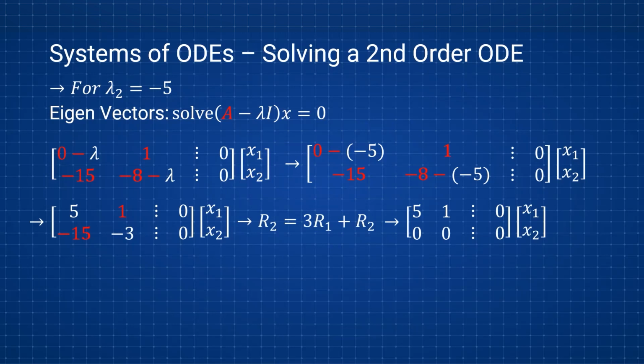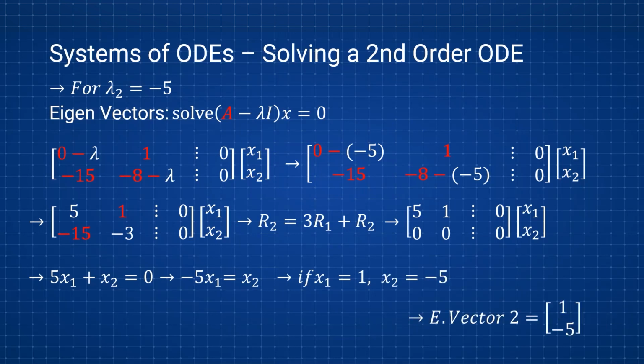After we do our matrix multiplication, we're going to end up with 5x1 plus x2 equals 0. We solve for x2, and once again, we assume that if x1 is 1, then x2, in this case, will be -5. And thus, my second eigenvector is 1 and -5.